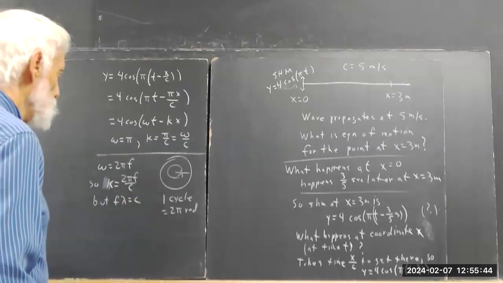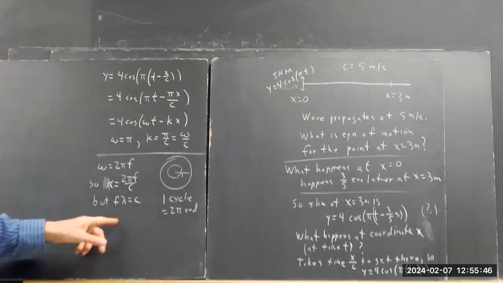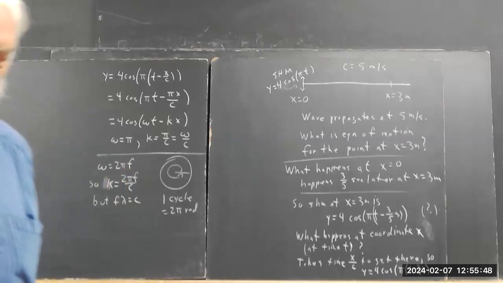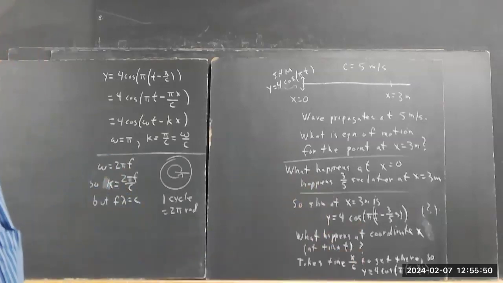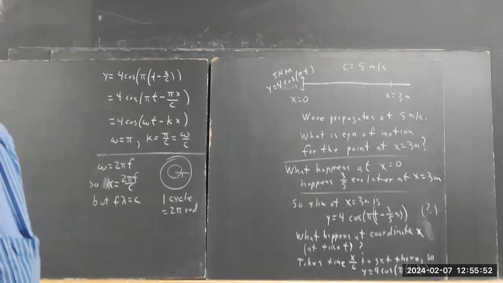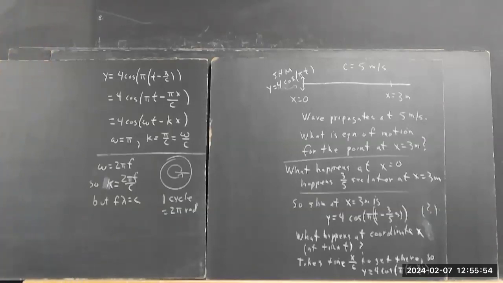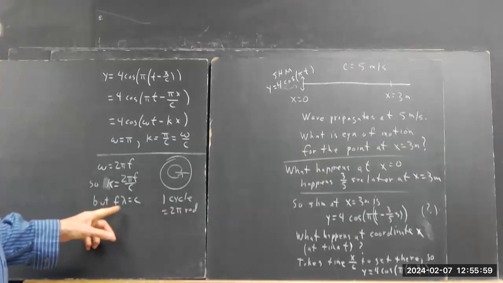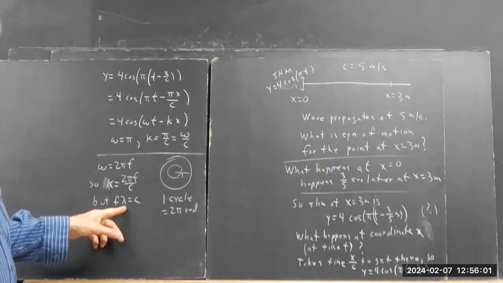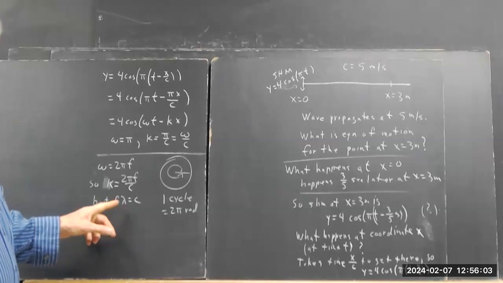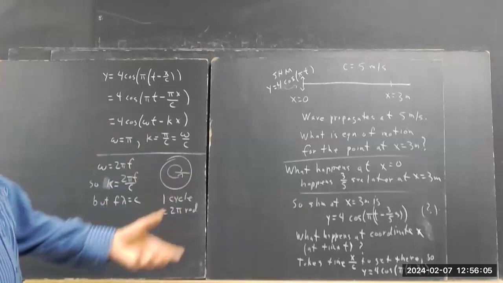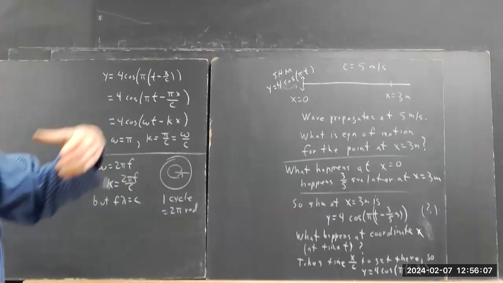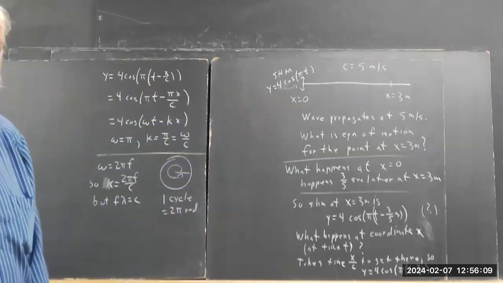But f lambda equals c, and you should totally know the meaning of this, having pondered the first 8 of about a third of the introductory problem set. What's this mean? f is cycles per second, and lambda is a wavelength, which is the meters per cycle, for example. If you multiply the cycles per second by how far you go on each cycle, you find out how far you go each second.